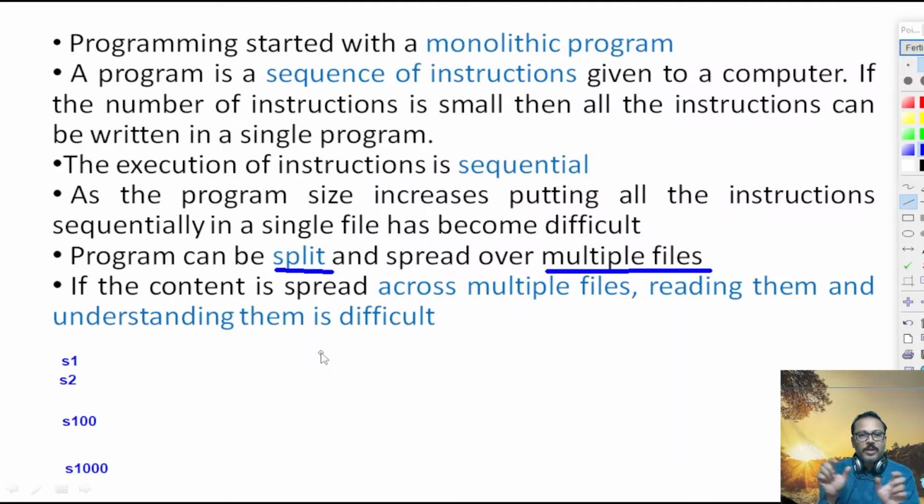But if you write across multiple files, they are separate entities treated by the operating system. So you have to go from one file to another file to totally understand the program. It becomes difficult. So if the program is very large, then you have to go for multiple files.